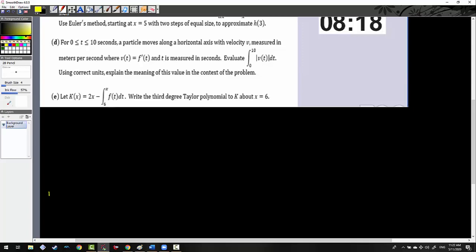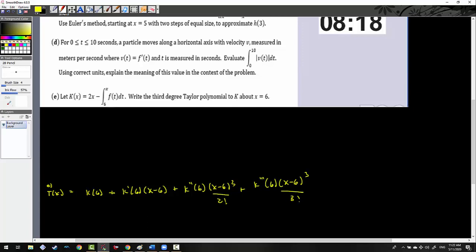So T of x is equal to k of 6 plus k prime of 6 times x minus 6 plus k double prime of 6 times x minus 6 squared over 2 factorial. And I'm only writing the third degree, so I'm going to stop at my third derivative term, x minus 6 cubed over 3 factorial.